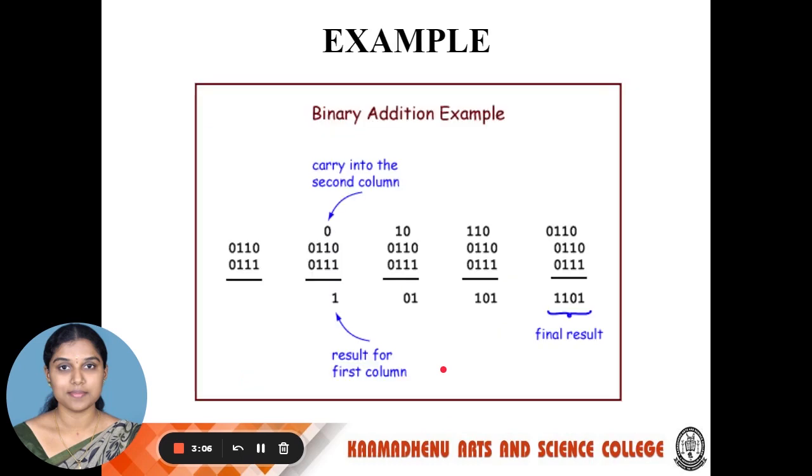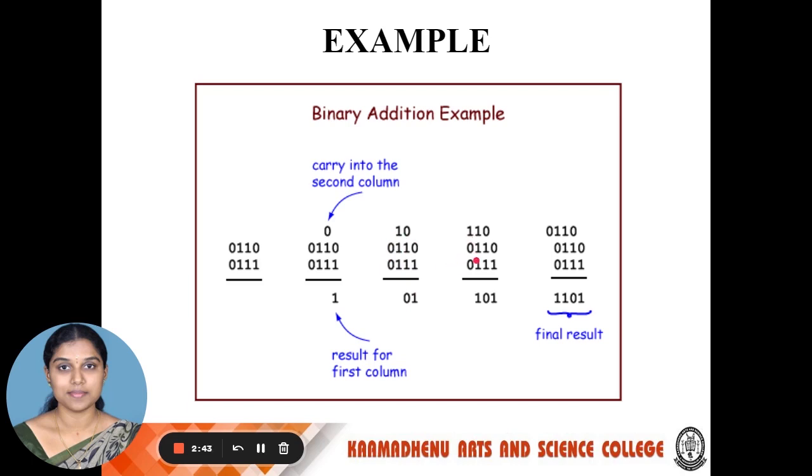Okay, let's see the example. Here I have given two numbers to add: 0110 and 0111. Let's start the addition from the right side. 1 plus 0, as per the rule, the result is 1. 1 plus 1 is 10, so we take 0 as the result and 1 as the carryover.